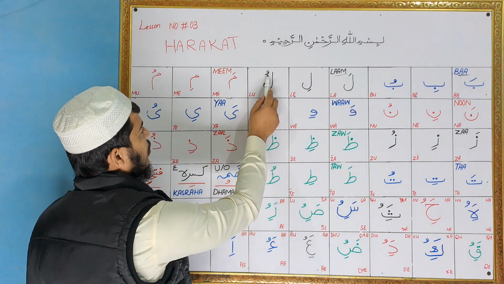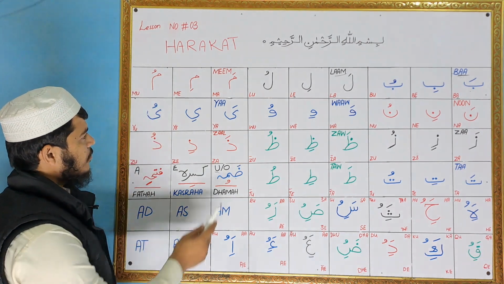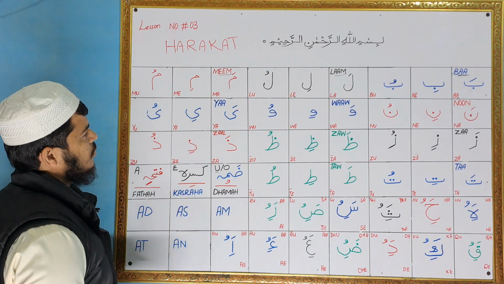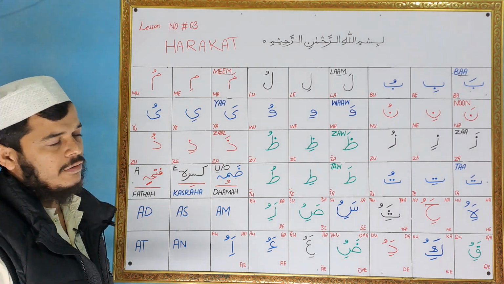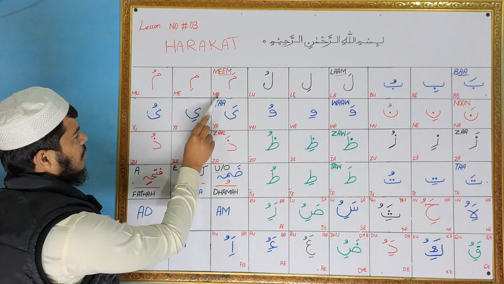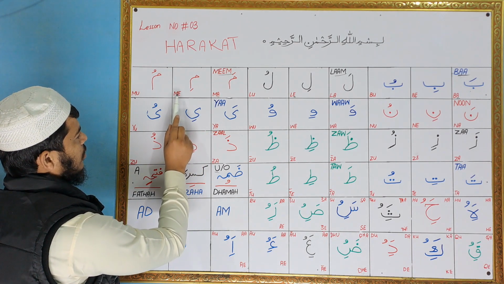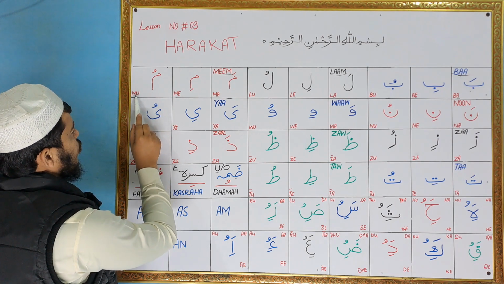And lam dhamma lu. Very easy. You can see meem. We are going to replace this elongation sound with the sound of the letter. This is meem. Meem with fatha will be ma. Meem kasra mi. Meem dhamma mu.